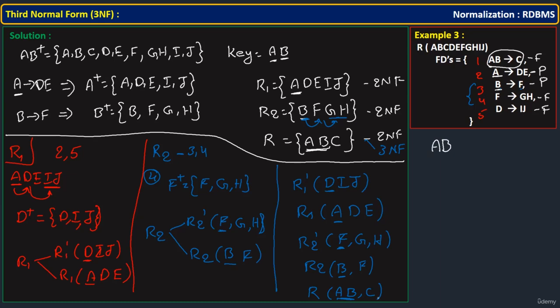Now all of them are in the third normal form. So that is what we need, right? We have to split this up to third normal form. In this way, if anybody asks you to split the table up to third normal form, then first find the key. After finding the key, for every FD you check whether it is a full or partial functional dependency.